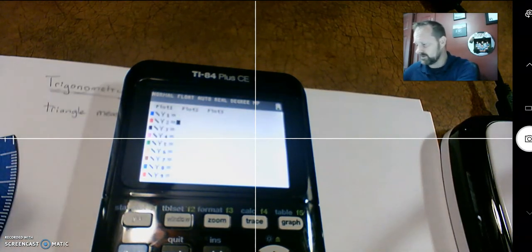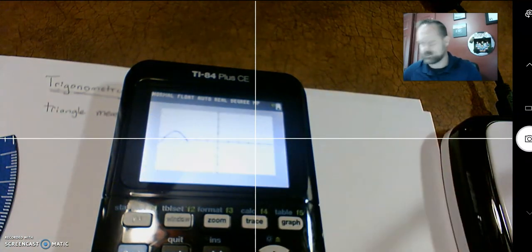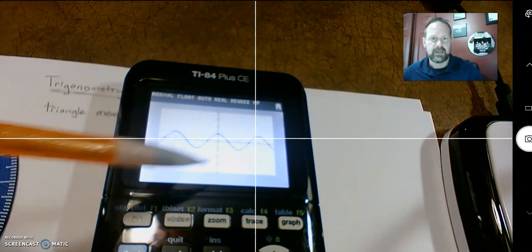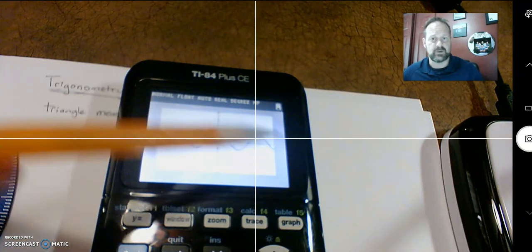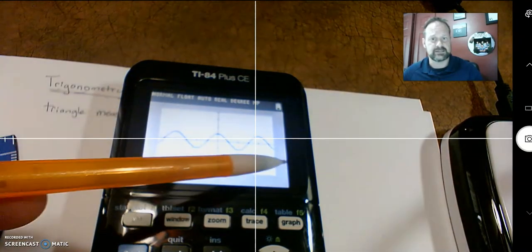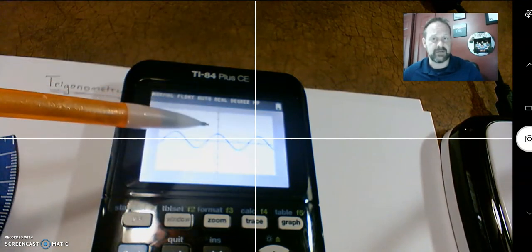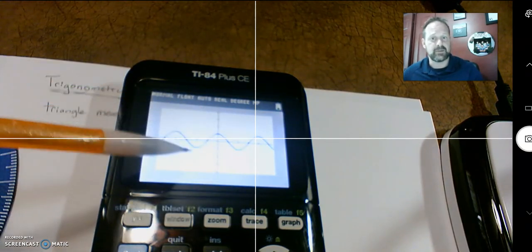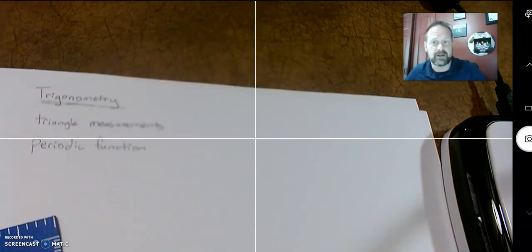Okay, well, let's clear those out, and let's say I had cosine x, and watch how this one goes. This is what trigonometry really helps with, especially on an x and y axis. If we make the x-axis time and the y-axis different heights, different amounts, we can then graph what's called a periodic function.